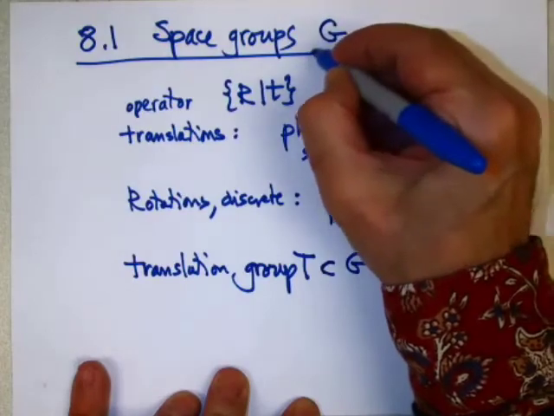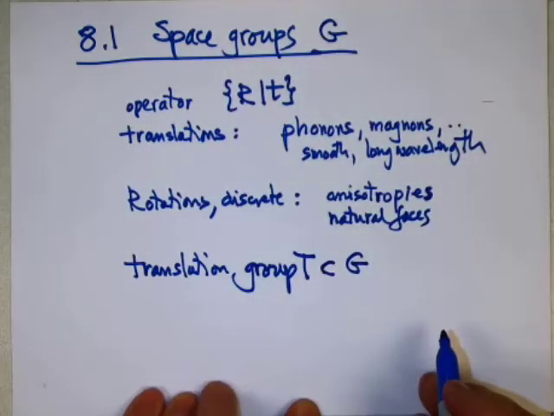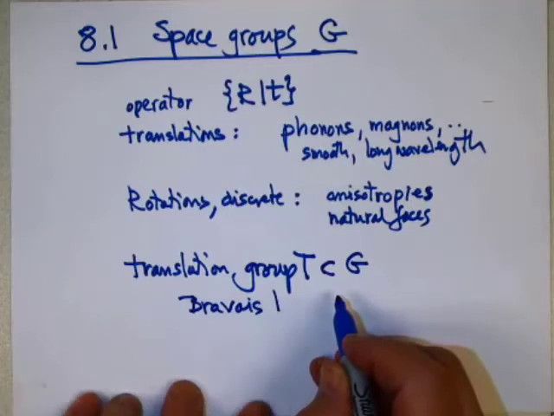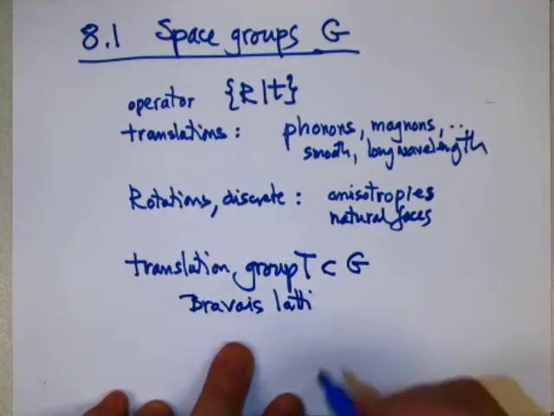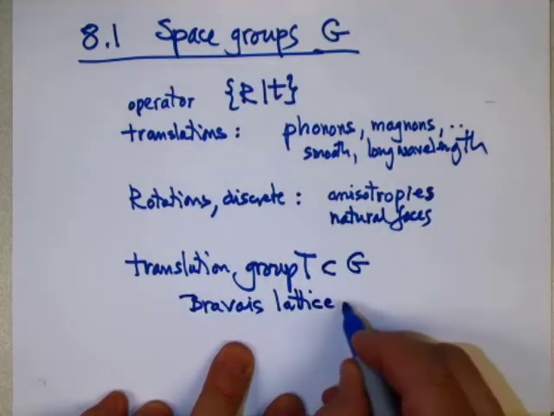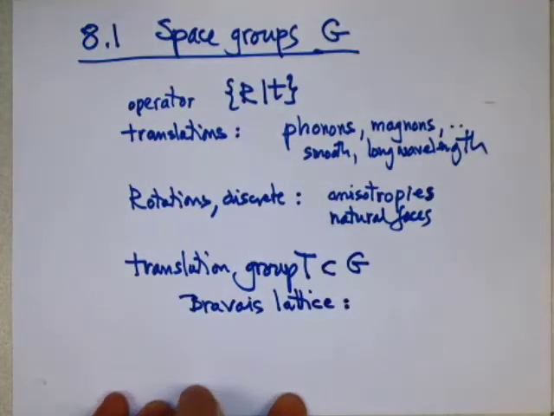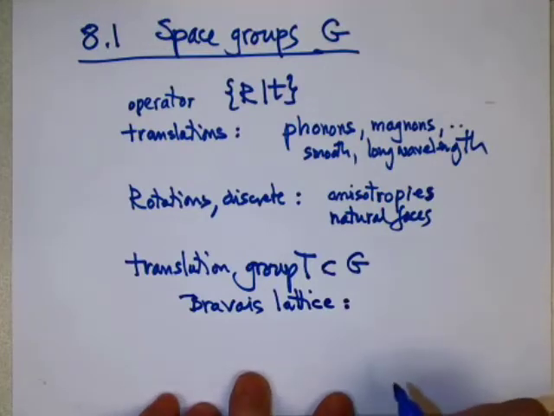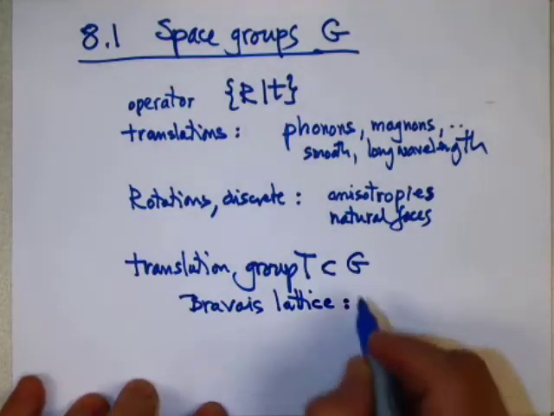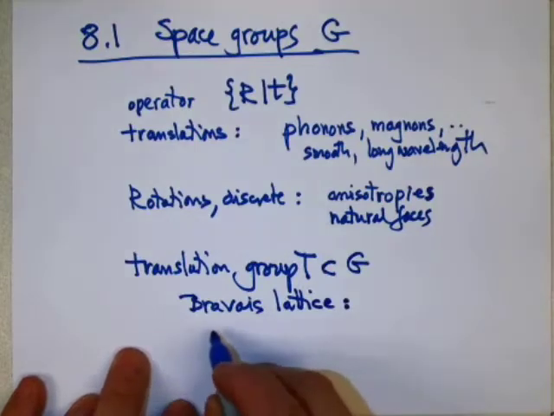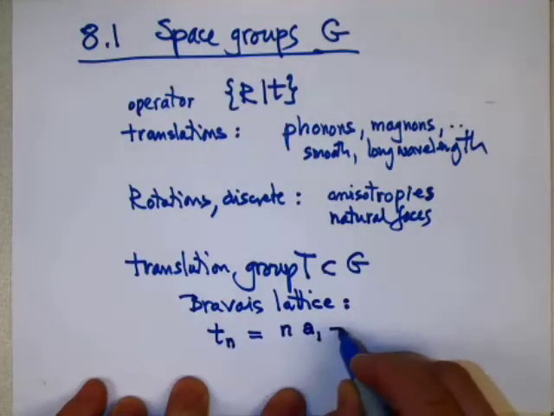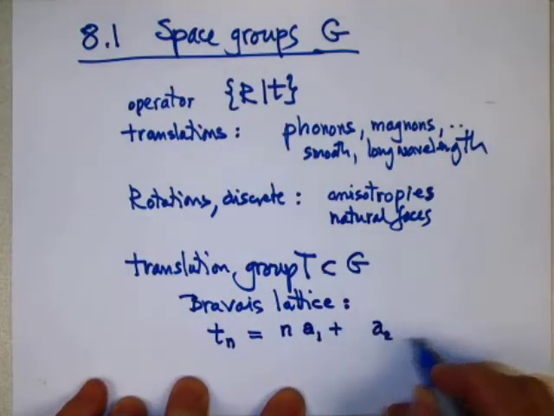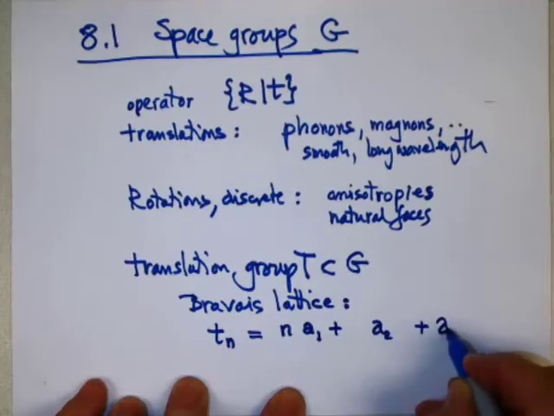Translation group works in a configuration of physical space distinct from momentum space. So Bravais lattice is a space of all possible translation in 1, 2, 3, or any number of dimensions. It'll be characterized by the unit directions. For example, in 2 dimensions, we have A, which is a lattice spacing vector.